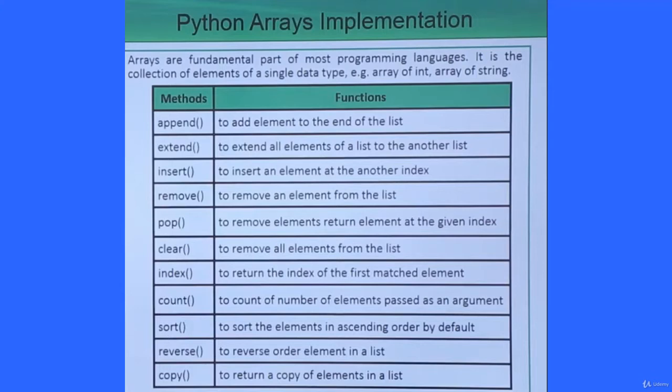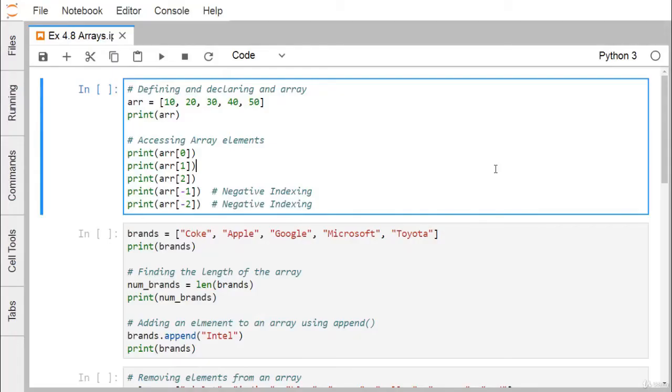We will be executing our Python code to show you how an array can be used in Python programming. Arrays are a fundamental part of most programming languages, a collection of elements of a single data type, for example an array of strings, integers, floats, and so on.